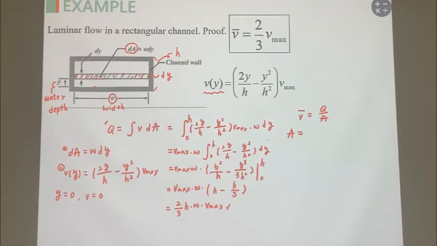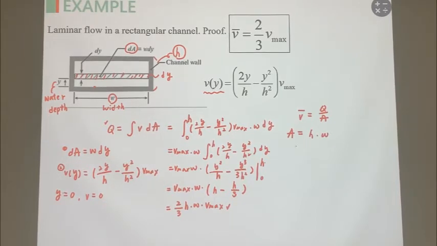What is A? A is the total cross-section area. Since we have the total water depth h and the width here, the total cross-section area is total water depth multiplied by the width.